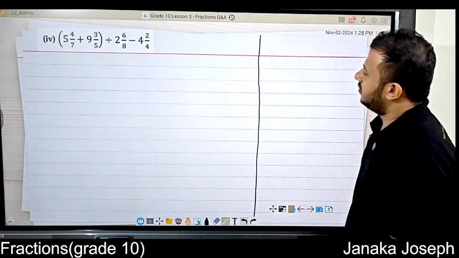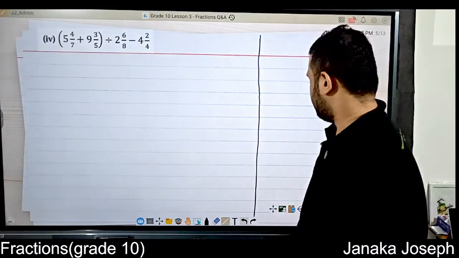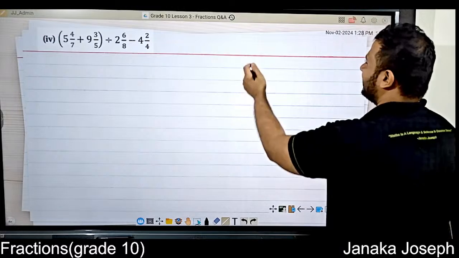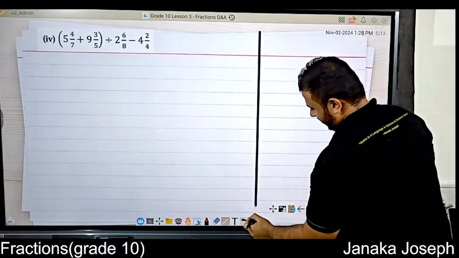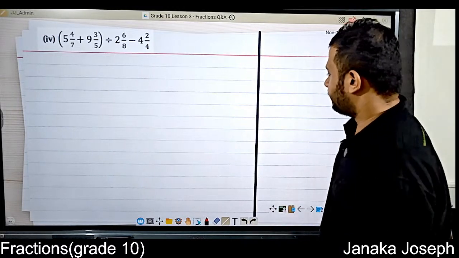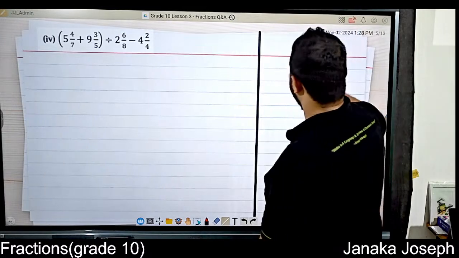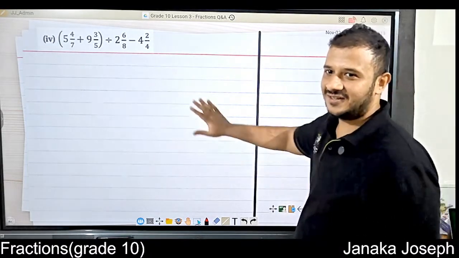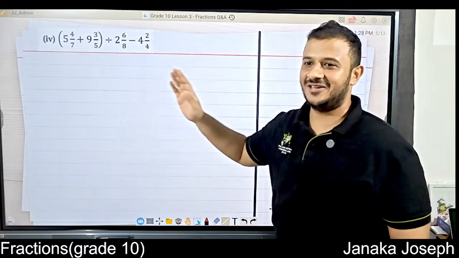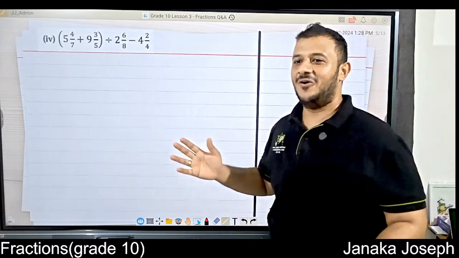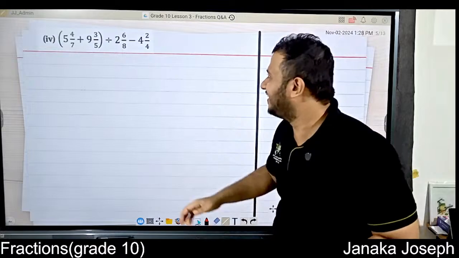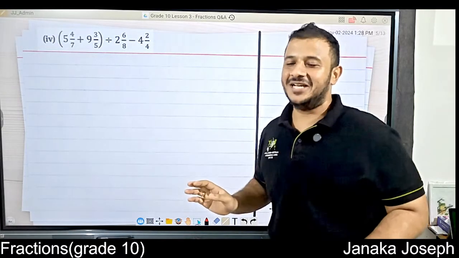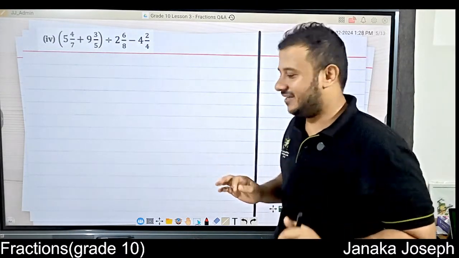Then all the rough and messy work is done here, where your teacher, or the person marking your paper, or examiner, can see the working out you did nicely and neatly.